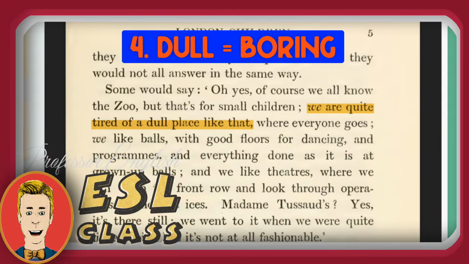Is the museum an interesting place for younger children? Let's answer interesting, no. Dull, yes. Dull means boring. No, it's not interesting for younger children. It's dull for younger children.